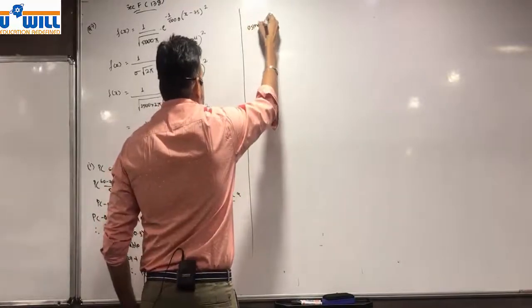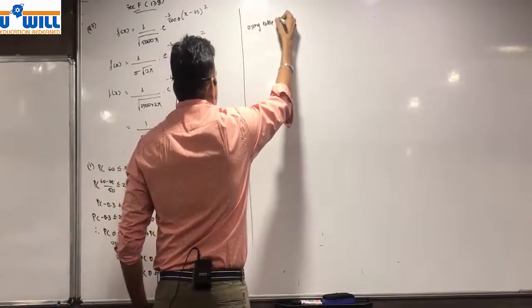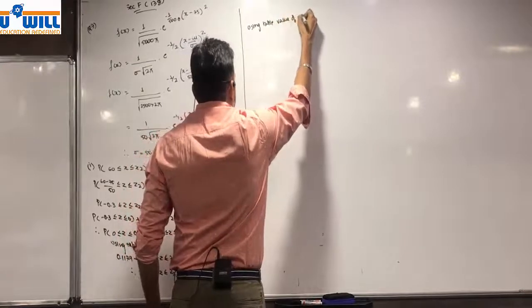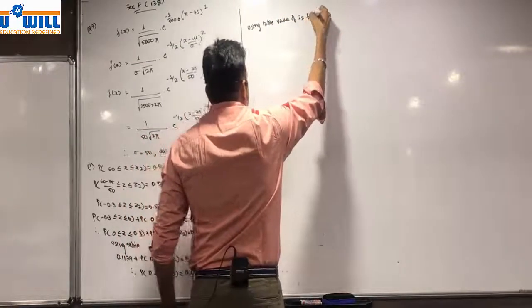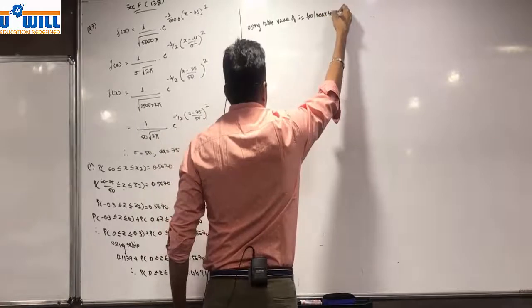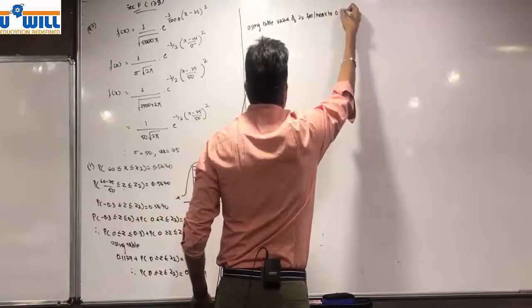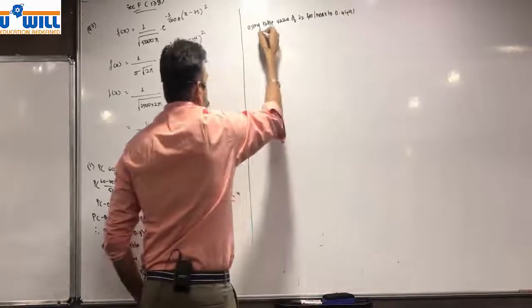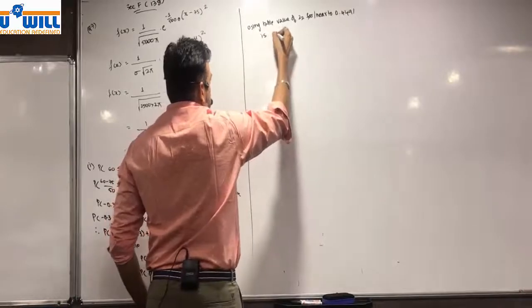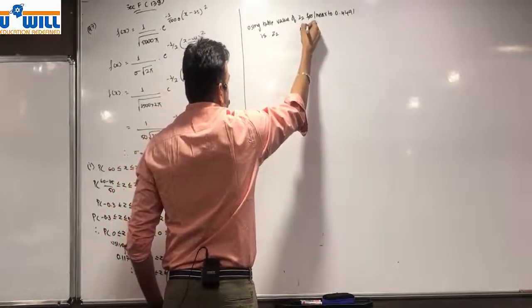Using table, value of z2 for or near to 0.4491. Z2 and area.